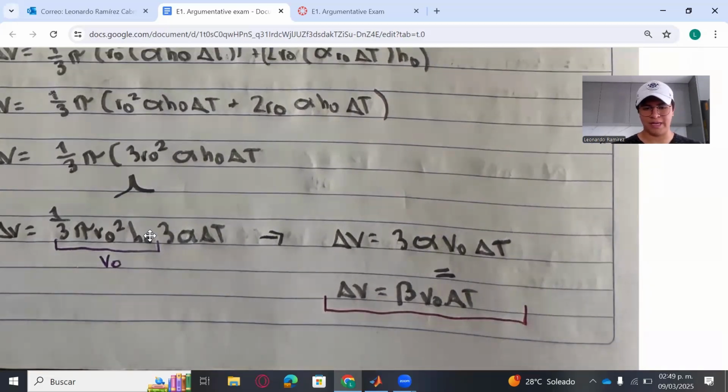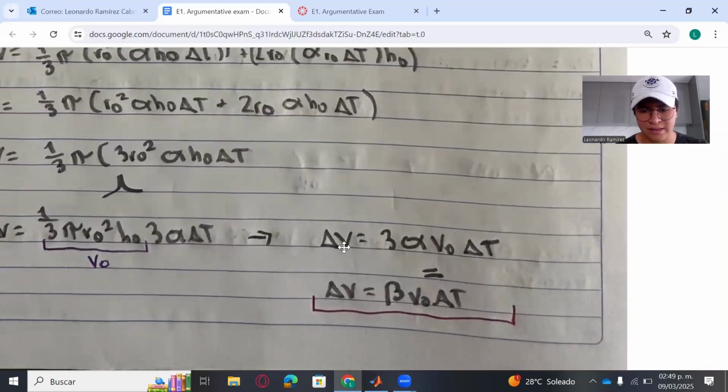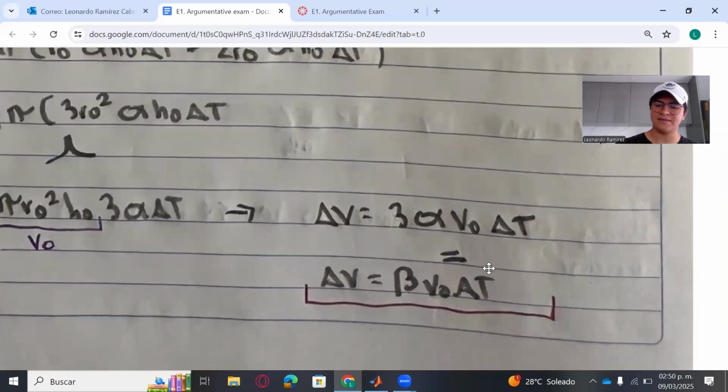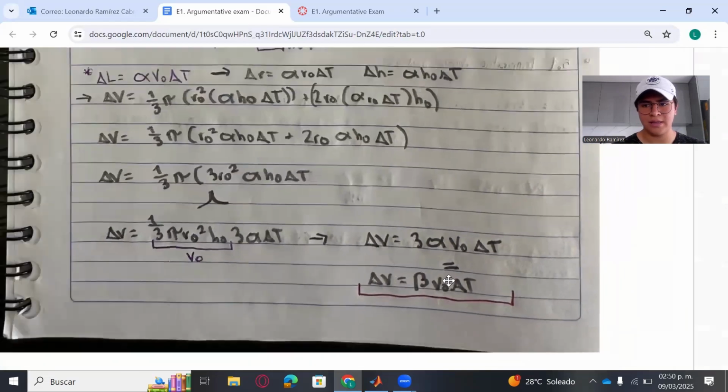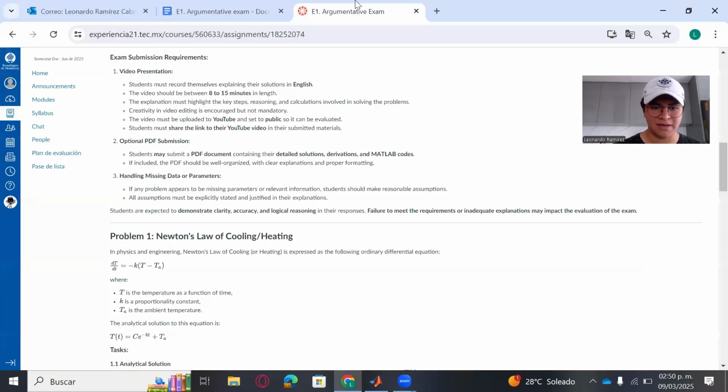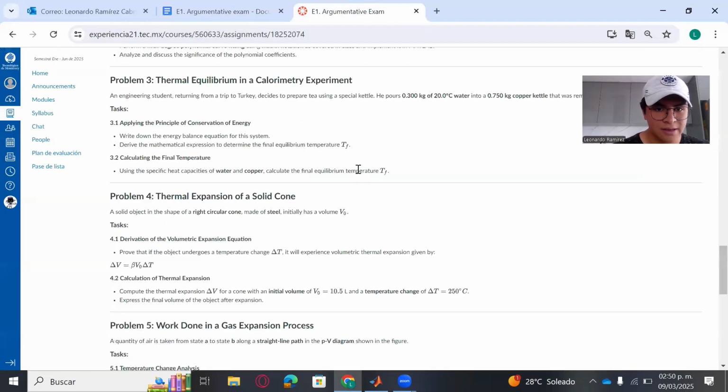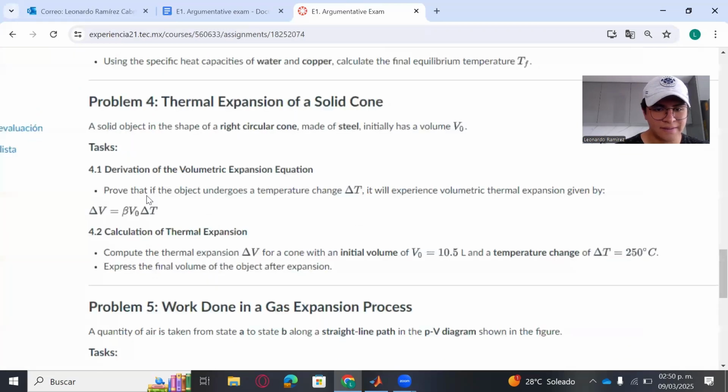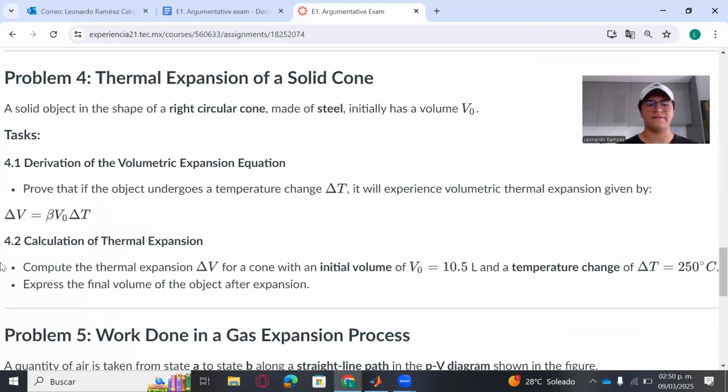So at the end, we end up with 3 alpha V0 delta of temperature, which we know, since 3 alpha is beta, matches the delta V thermal expansion given by the original formula, which applies for every 2D shape.